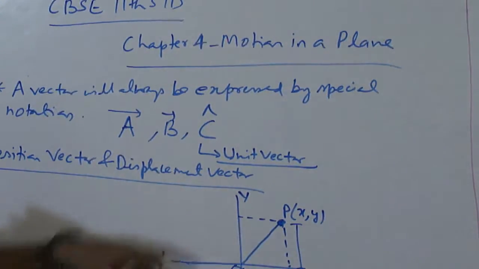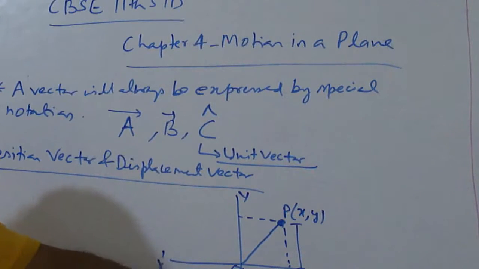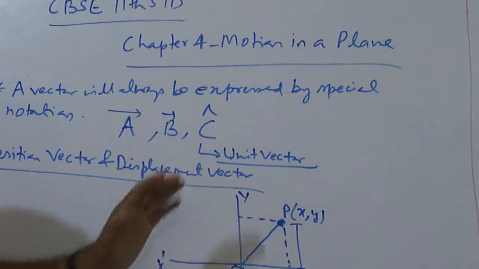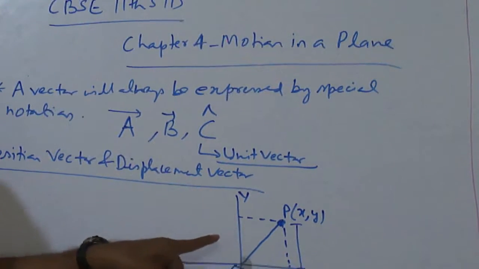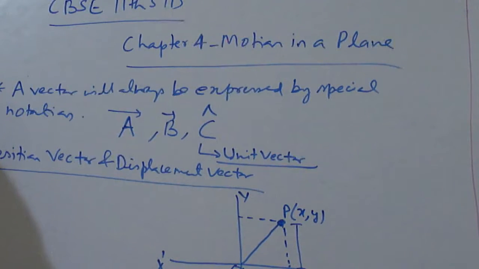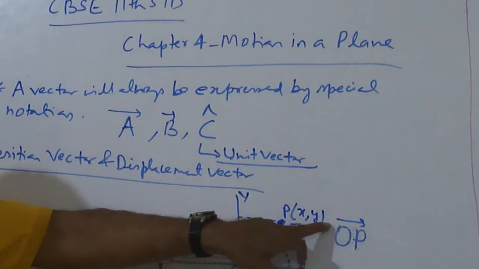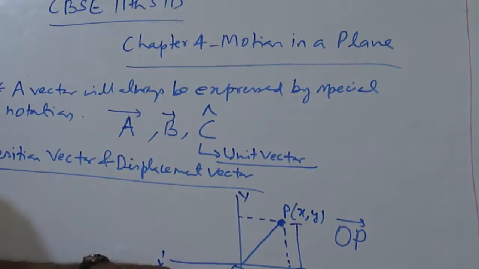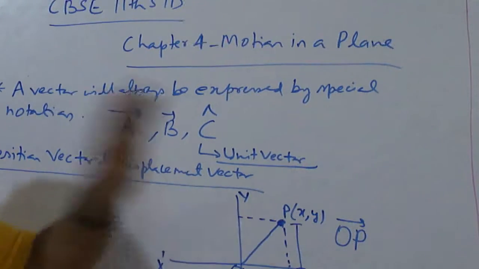With respect to the origin, this gives the direct distance of point P from the origin. This location is given by the position vector, which we write as OP vector. The position vector of point P with respect to O is OP.